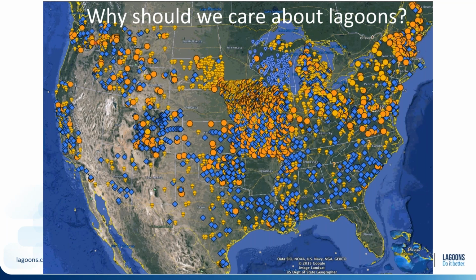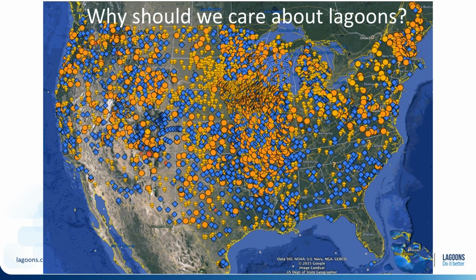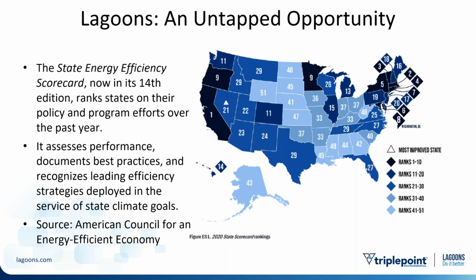If you compare this map to the next map, this is a map of the least and most energy efficient states, with light being the least energy efficient. And if you look, obviously California is number one, deep blue, very energy efficient. But the area of light blue coincides pretty directly with the map of lagoon systems in America.